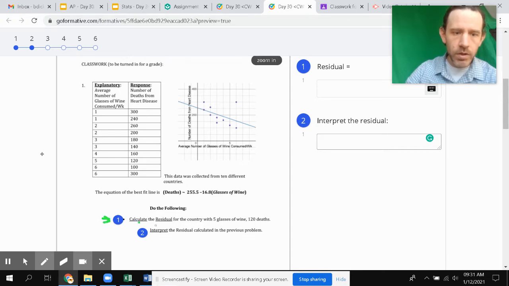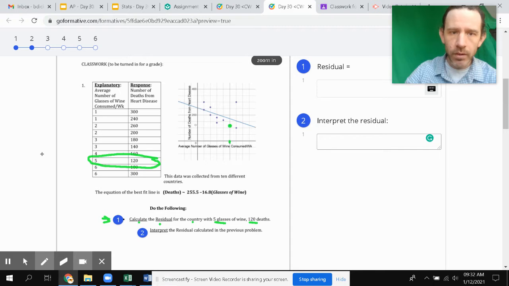For number 1 here, we're calculating the residual for a country with 5 glasses of wine consumed and 120 deaths. So if I look at the table, that actual point is right here, right? We can see that right here. Okay, if I look at the graph, 5, 120 is right here.